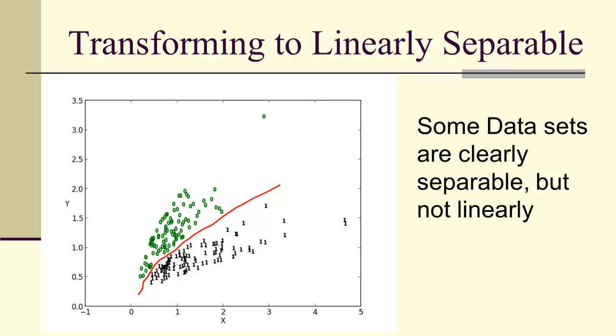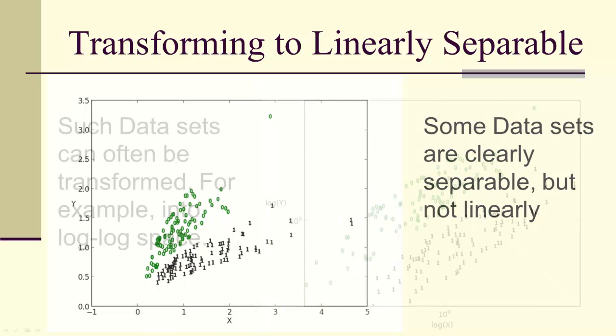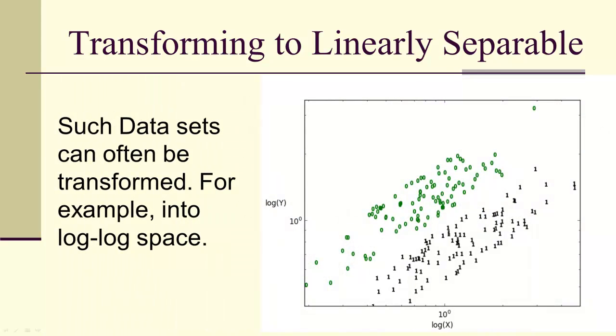So to get the linear separation, we can notice the scaling for the x and the y are ordinary scaling. But we could log transform and notice now that we're in log-log space, then we can separate the two data sets by a straight line.